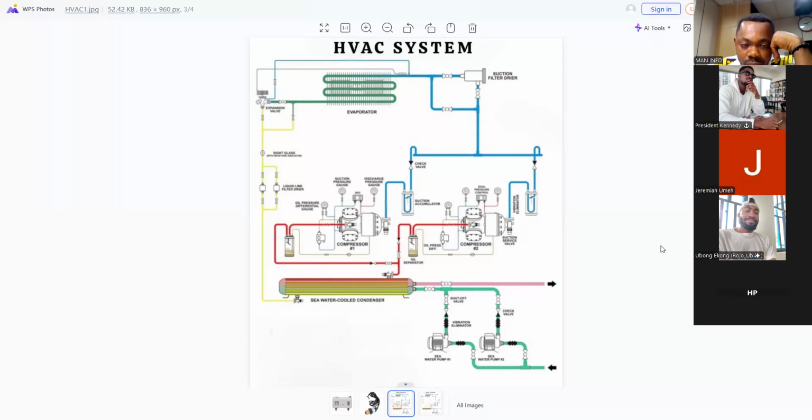I want to ask, please, what are the common signs of a bad sensing bulb? We've been talking about it for a period of time, so I would like to know the common signs of a bad sensing bulb. Did you get my question, please?